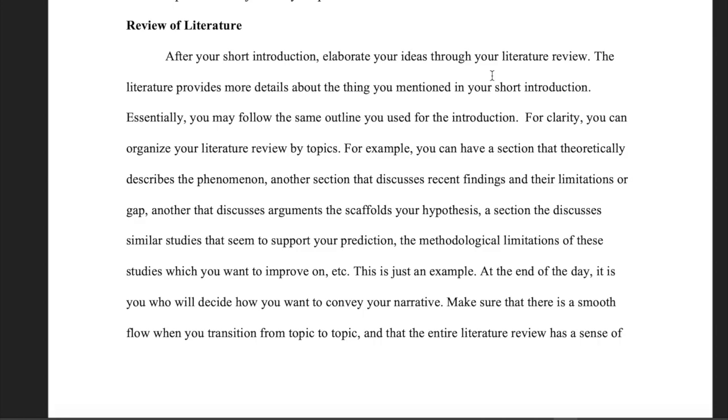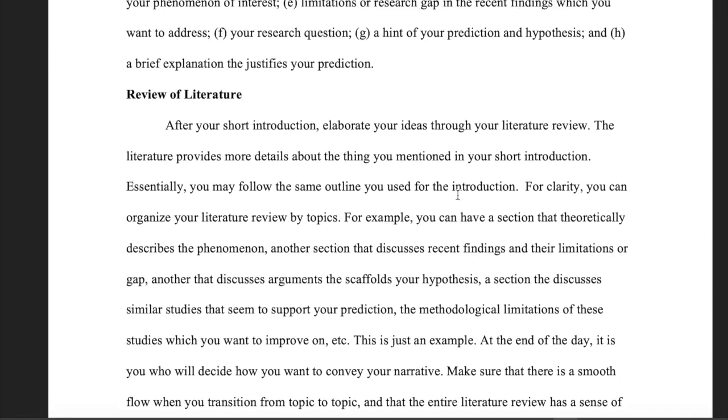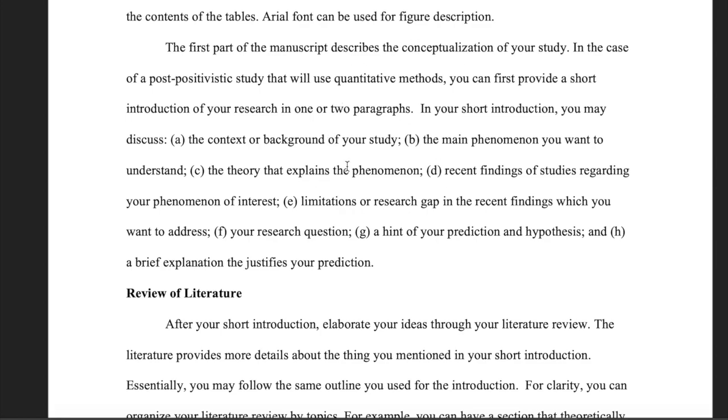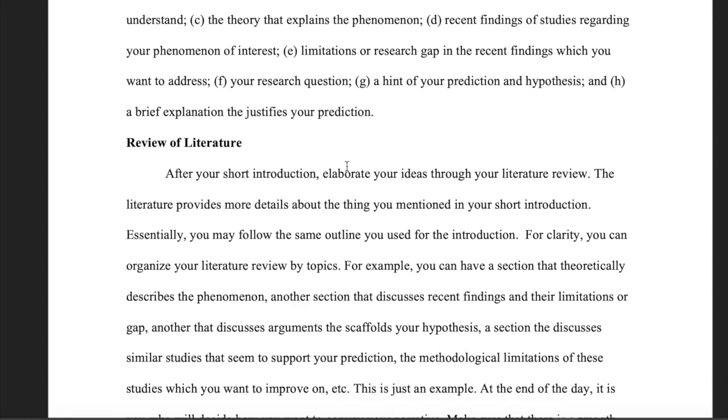But again, like what I said, the literature review is not much of an elaboration of the introduction. It is more like that the introduction is a synthesis or a summary of your literature review. I think that's the better way of looking at the relationship between the two.